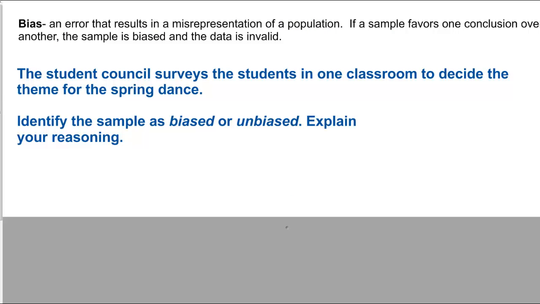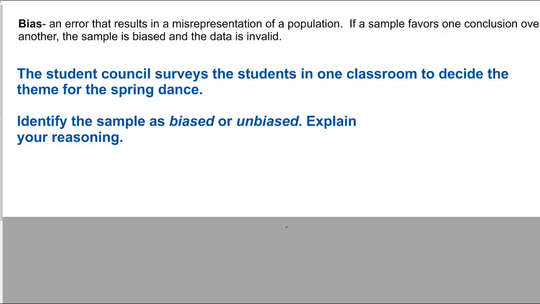Next, we talk about something called bias. A bias is basically an error that results in misrepresenting the population you have. So if a sample favors one conclusion or another, the sample is called biased and the data is therefore deemed invalid. So let's say the student council surveys the students in one class to decide a theme for the spring dance.